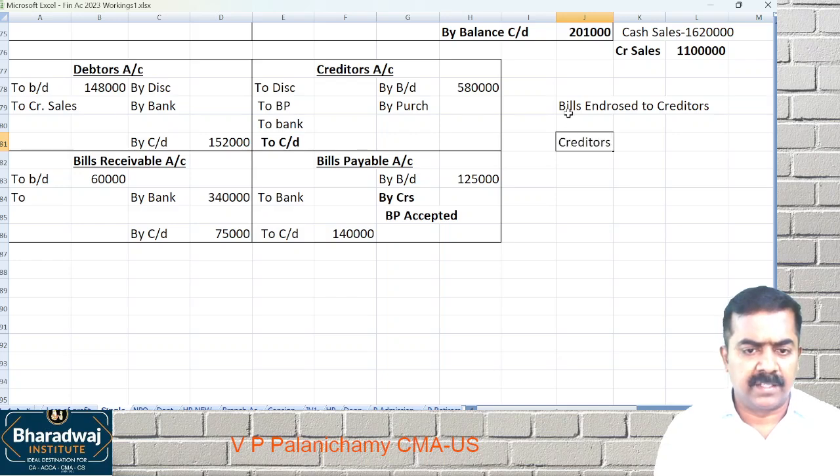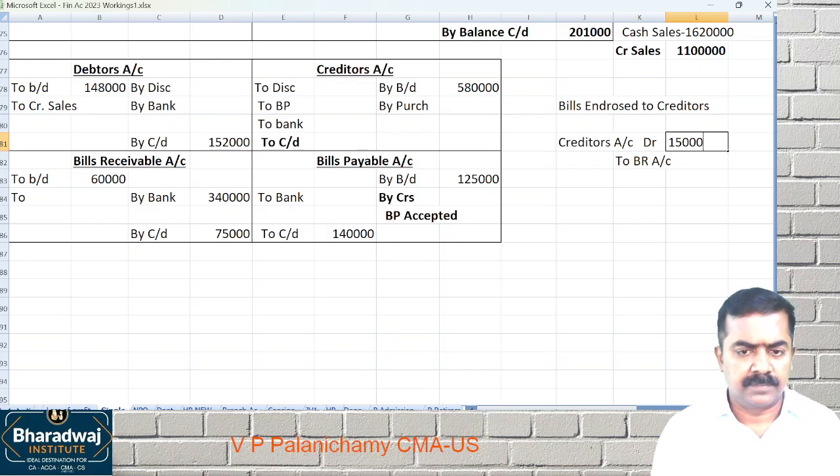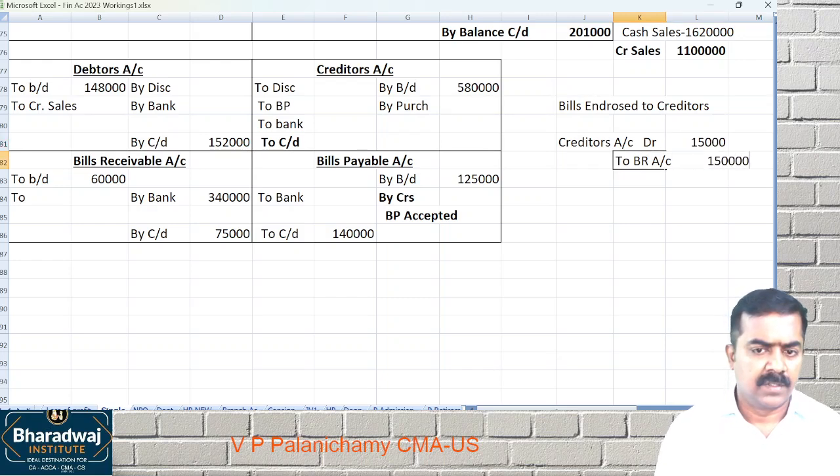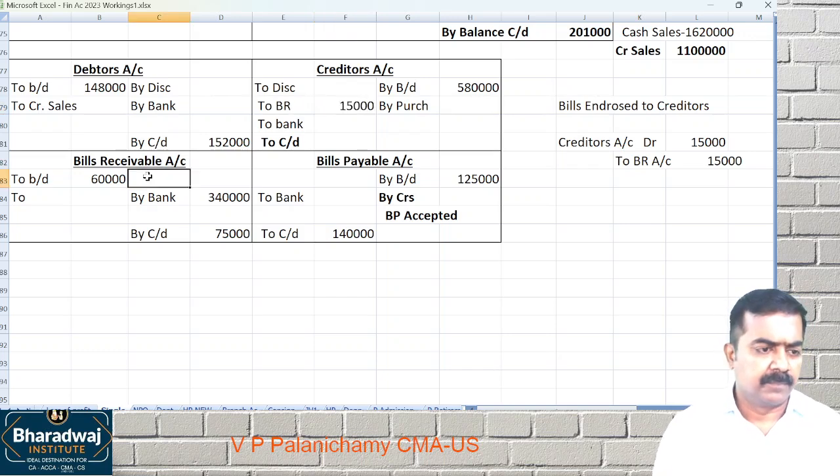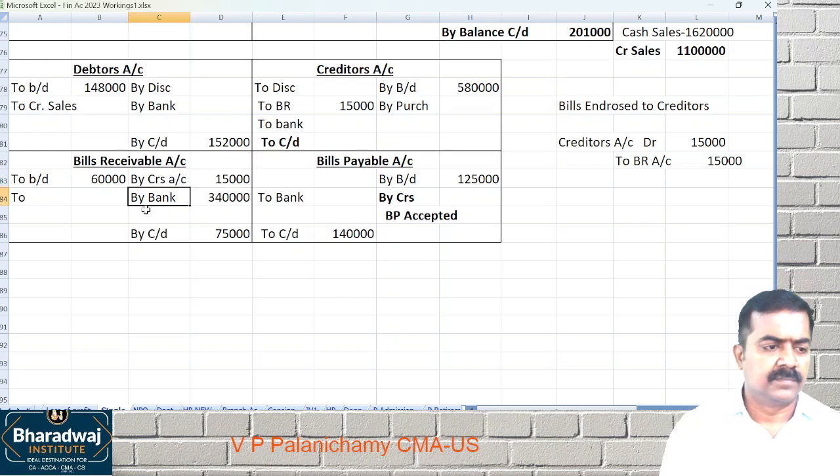Creditors account debit to which account? Bills receivable account. How much amount? 15,000. When you post it, creditors account debit to bills receivable account, endorsed bill 15,000 will come here as by creditors. Creditors account 15,000.